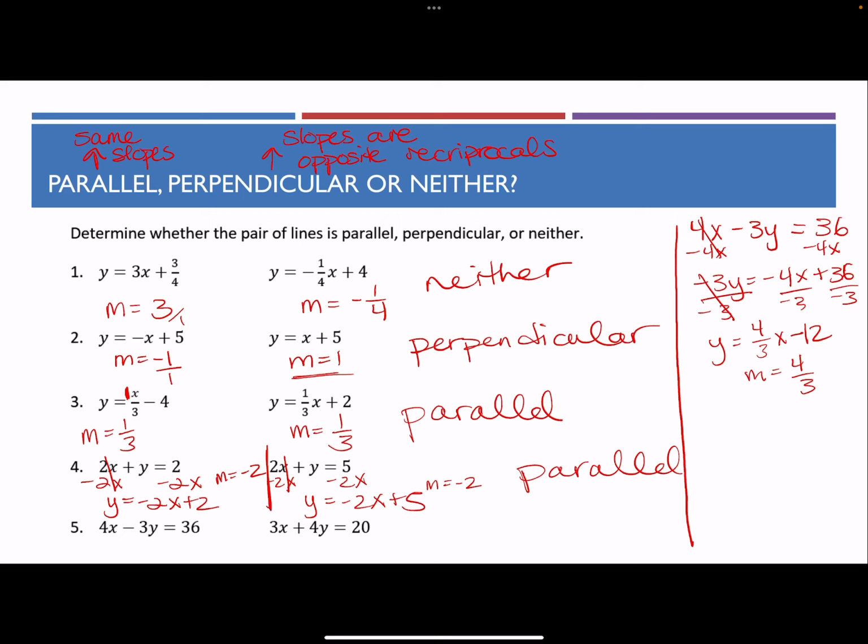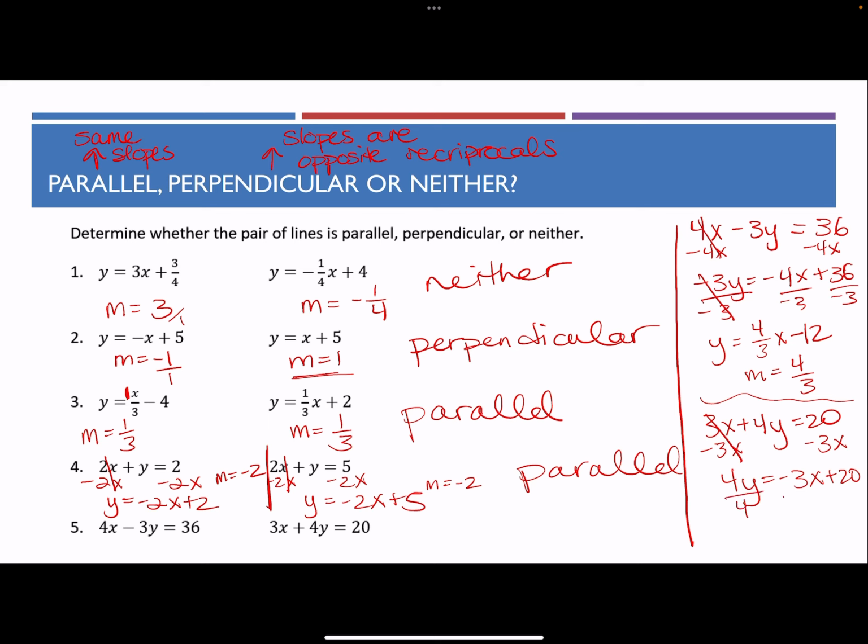Now let's look at the second equation. So 3x plus 4y equals 20. I'm just rewriting the next equation. And now I'm going to solve for y to get it into slope-intercept form. So I'm going to subtract 3x from both sides. That cancels. I have 4y is equal to negative 3x plus 20.